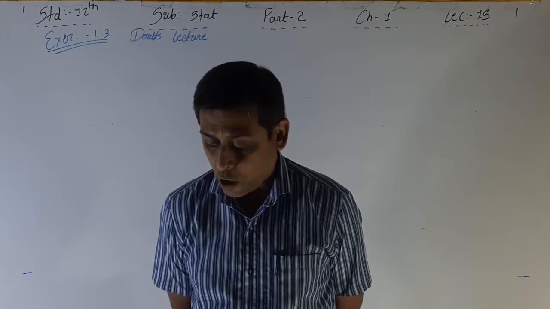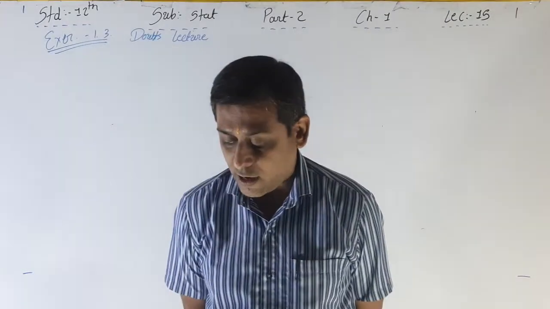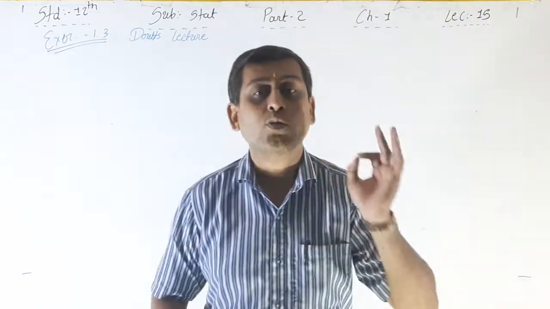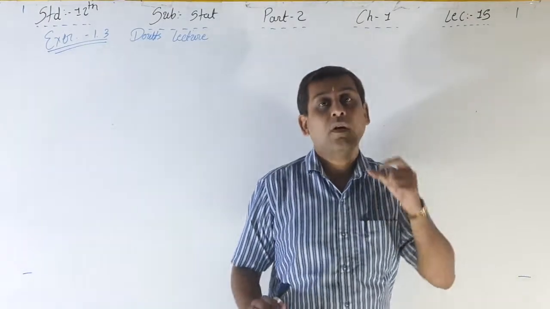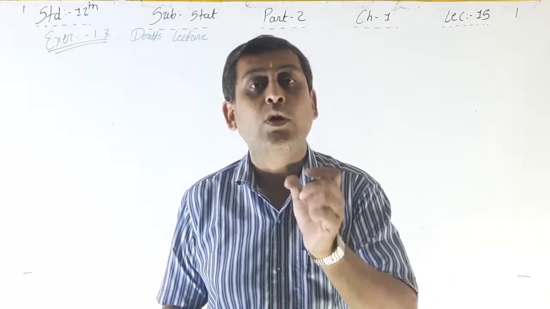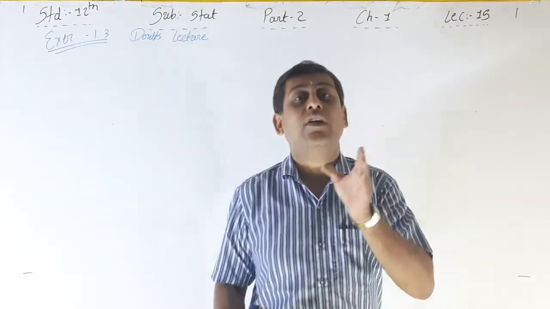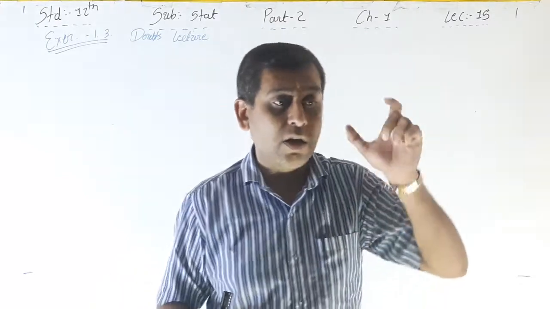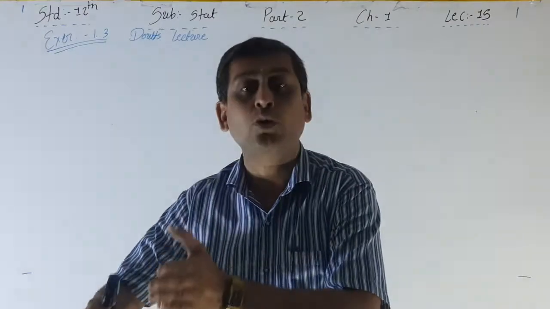The probability that the bomb dropped from the first aircraft hits the target is 0.9. So what does 0.9 mean? Here the probability that the bomb from the first aircraft hits the target is P of A equal to 0.9. Hit the target means the first aircraft drops a bomb and it directly hits the bridge.